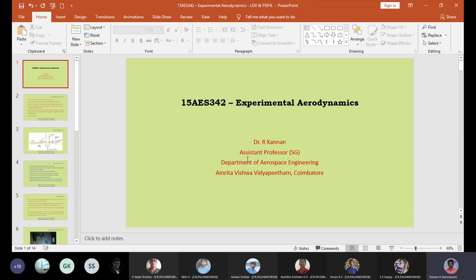But in the case of OH, NOx or CO, you need to have a laser. Even with OH imaging, you can get the flame temperature at a particular location.